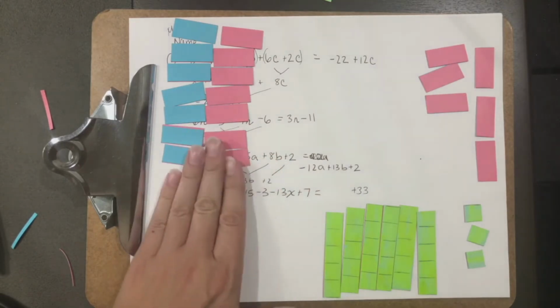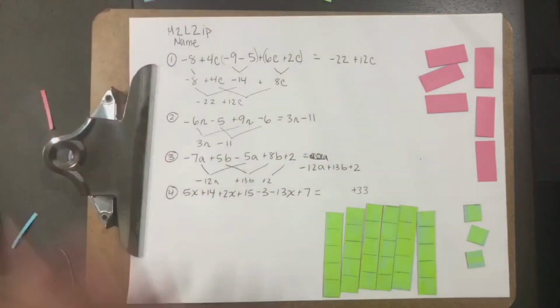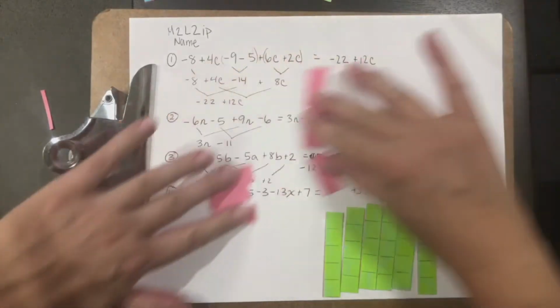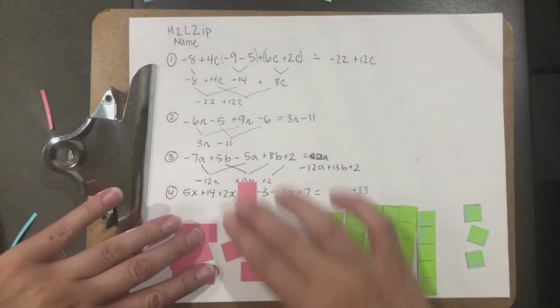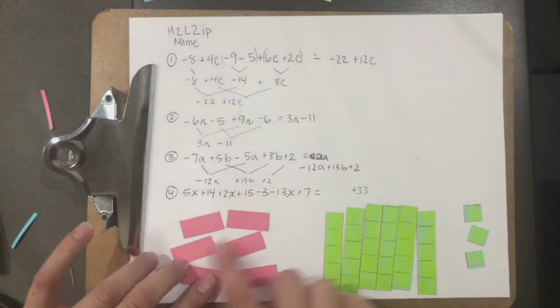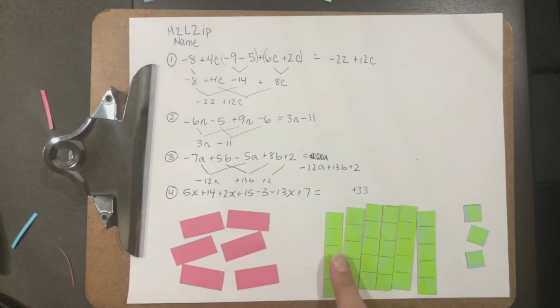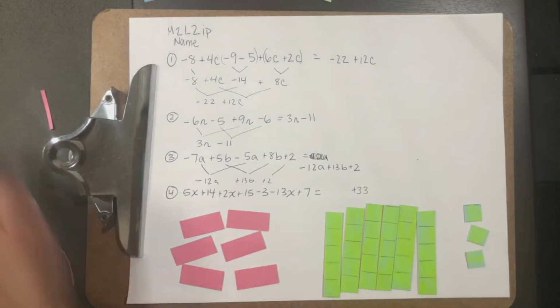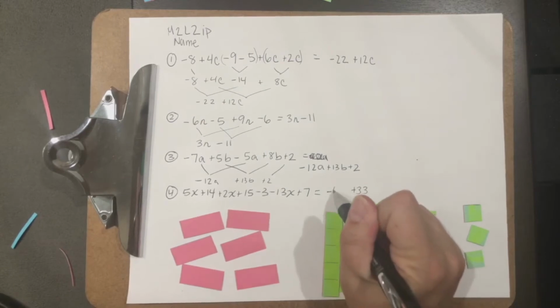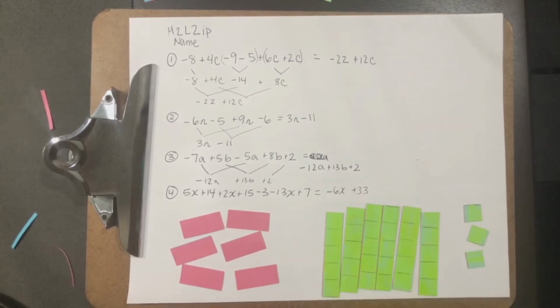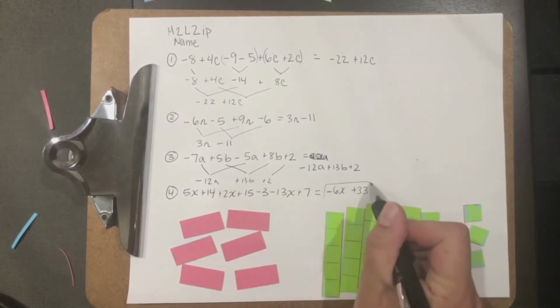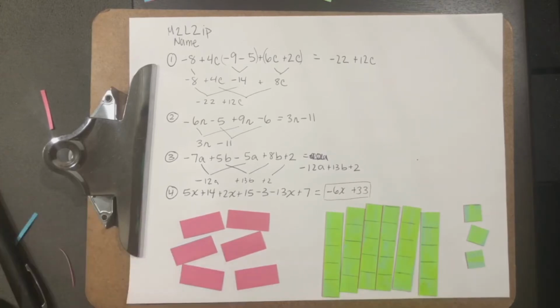Okay, here we go. Whoop, done. And now I can just move these over in front and I have 6 negative x's plus 33 ones. Negative 6x plus 33. And that is the answer.